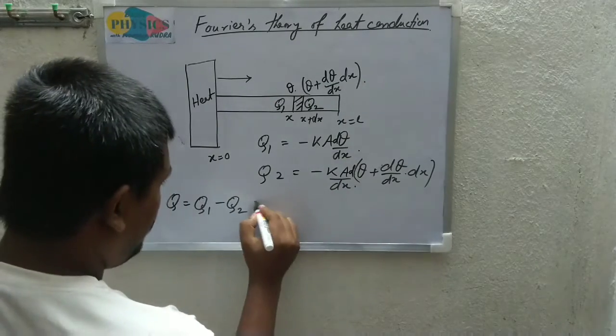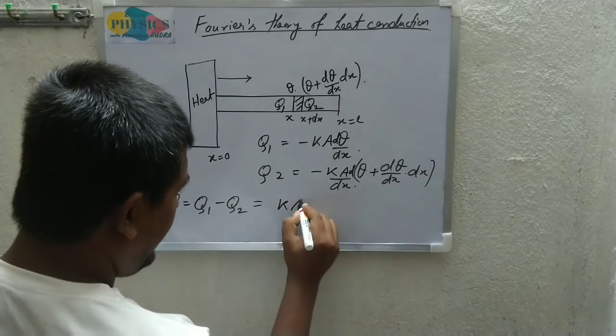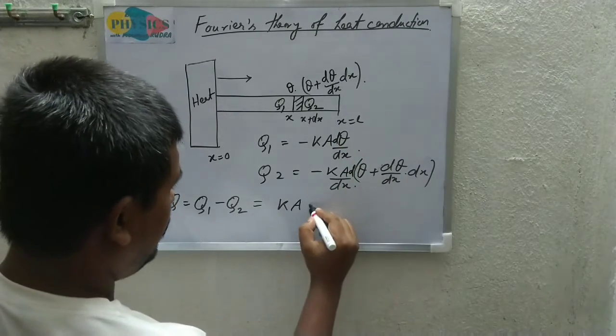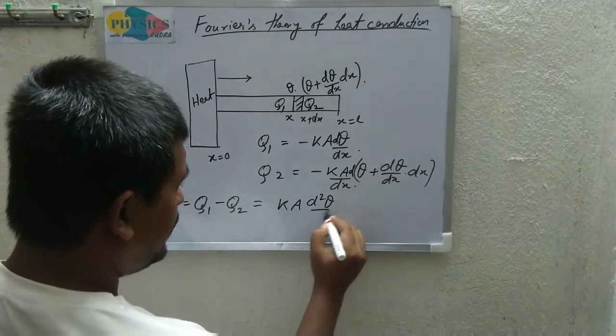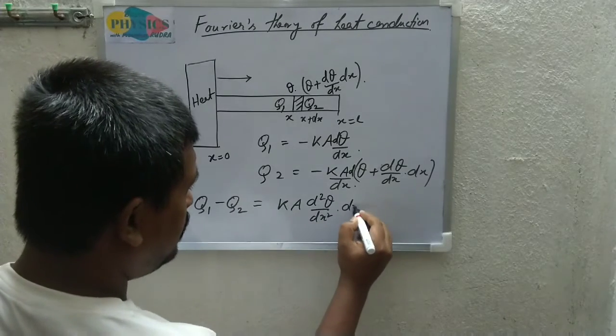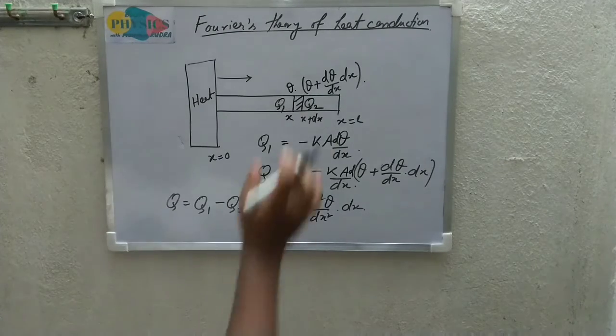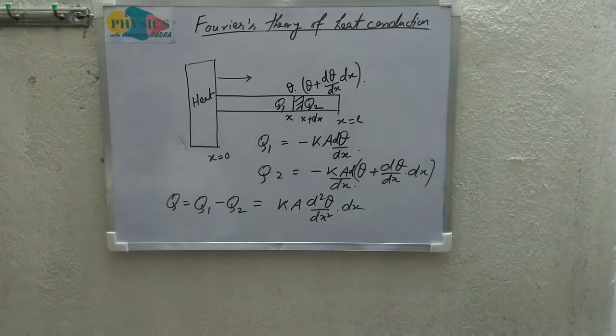So from this we can write K A, the d theta by dx will cancel and this becomes d2 theta by dx2 into dx. Now before steady state is reached, a part of this heat goes to increase the temperature of the section and the rest is radiated out from its exposed surface.